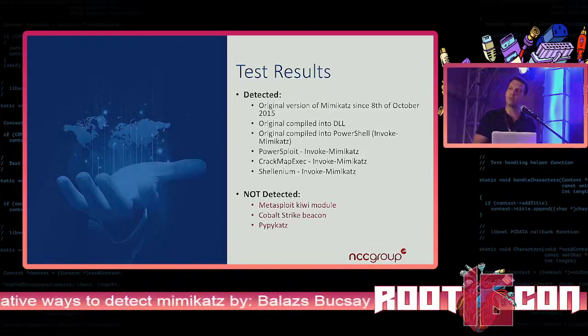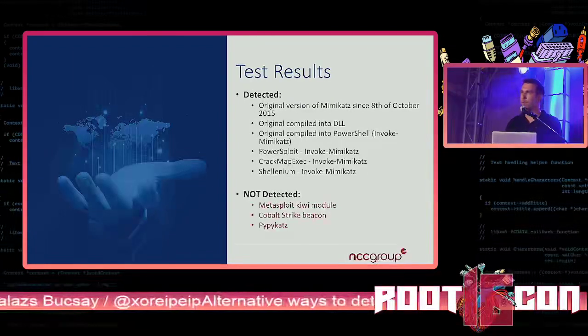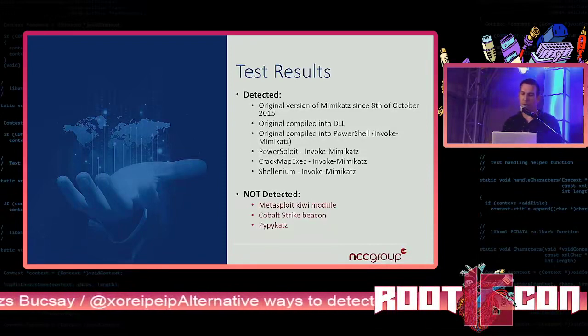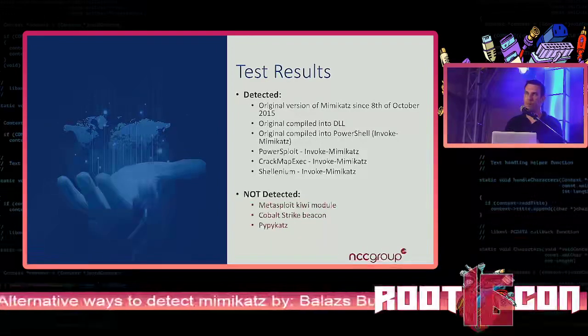The issue is, for us, that it's not detected by Metasploit and Cobalt-Strike. So Metasploit, Cobalt-Strike, and pypykatz cannot be detected by this technique. We are not surprised at all about pypykatz, which is the Python version of mimikatz, rewritten by the same toads. But for Metasploit and Cobalt-Strike, it's the same stuff. It's compiled from GitHub.